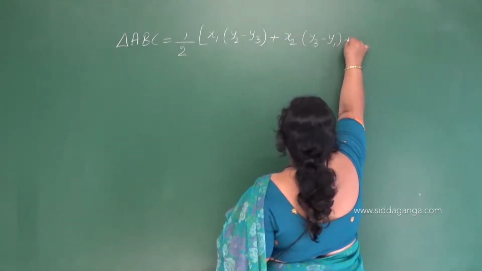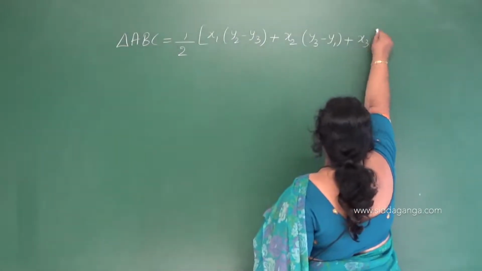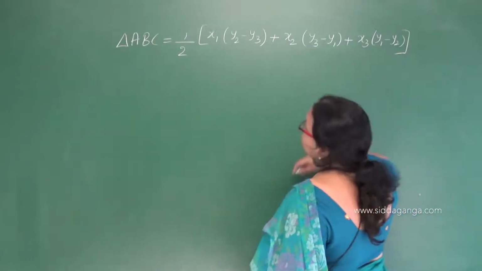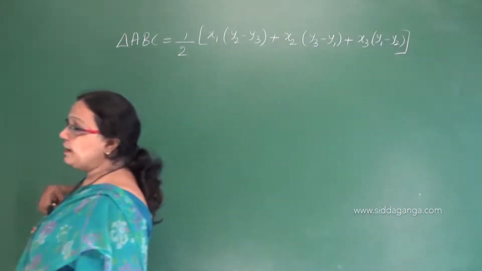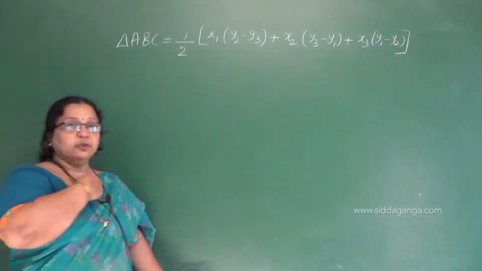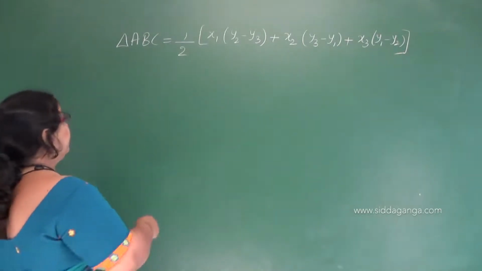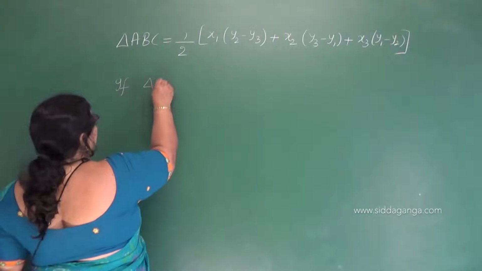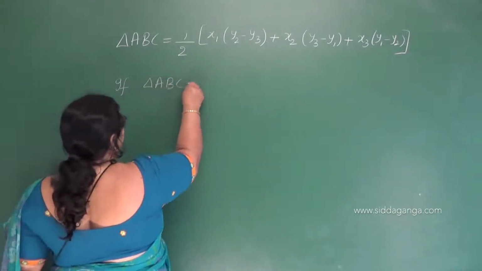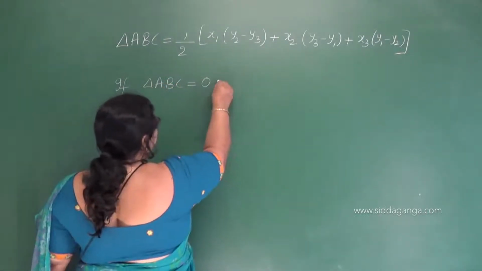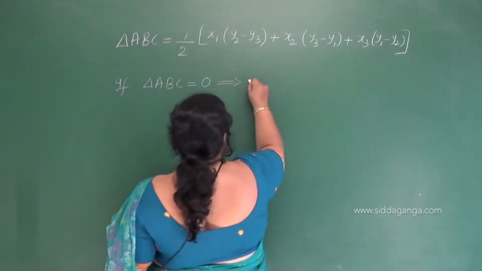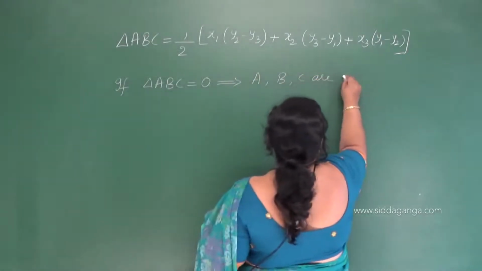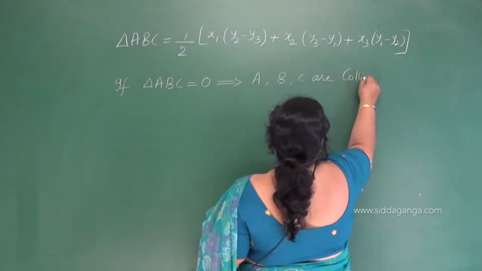So already you are all familiar with this formula. So that is the area of the triangle ABC. So if the area of the triangle ABC is equal to 0, it implies that A, B, C are collinear.